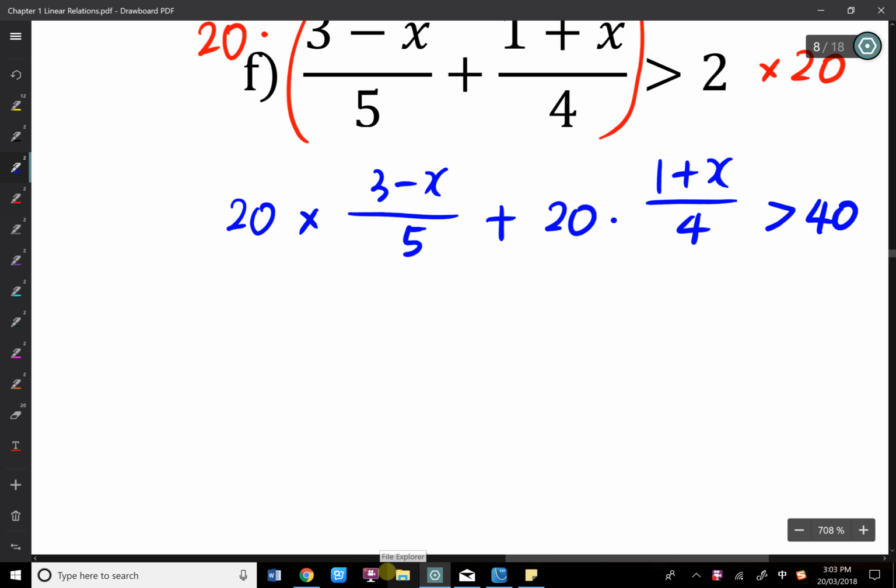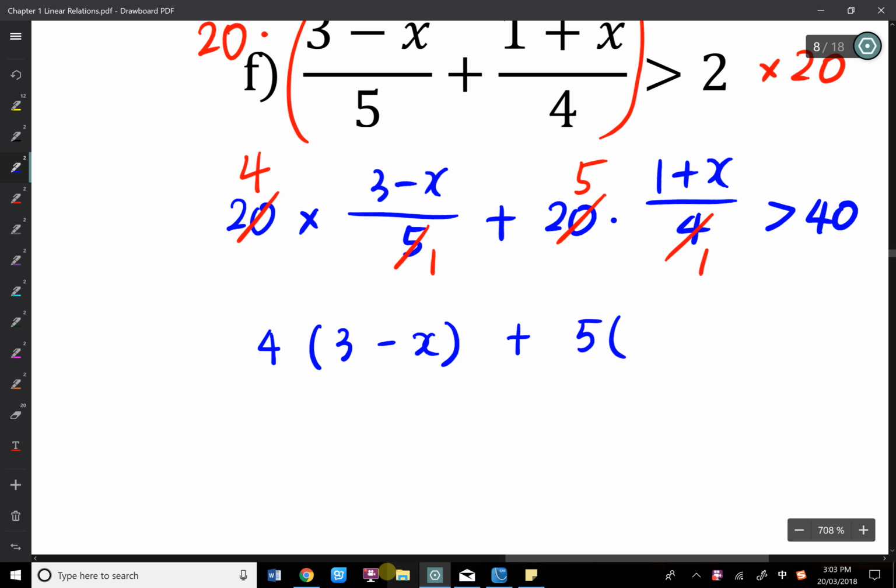So that becomes a 4, that's a 1, that becomes a 5, that's a 1. So 4 times (3 minus x) plus 5 times (1 plus x) is greater than 40.